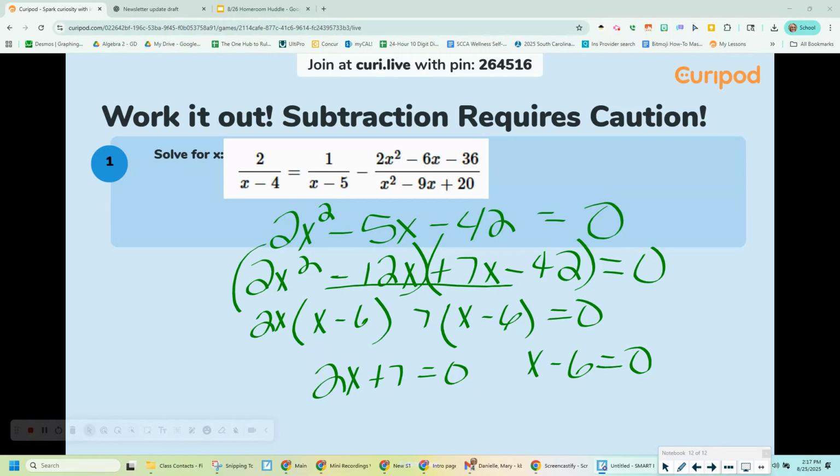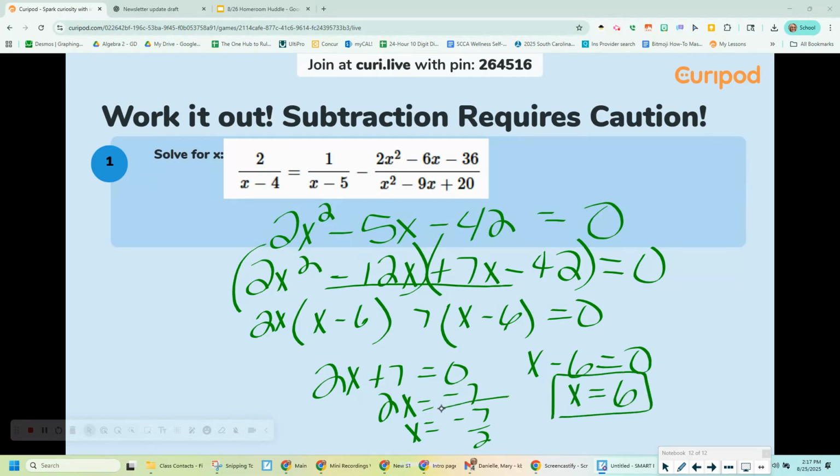How do I solve 2x plus 7 equals 0? Well, I'm going to subtract 7 from both sides, that gives me negative 7, and then I divide by 2, which gives me negative 7 over 2. This one gives me x equals 6.